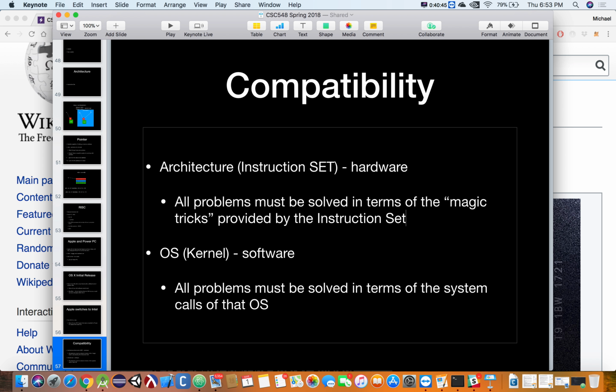So, for instance, when we're running GCC or something like that on my laptop, GCC has been compiled on here to, by default, target the architecture of my machine, which is the Intel architecture for Mac OS system calls. All right. But you can tell a compiler to use a different architecture.